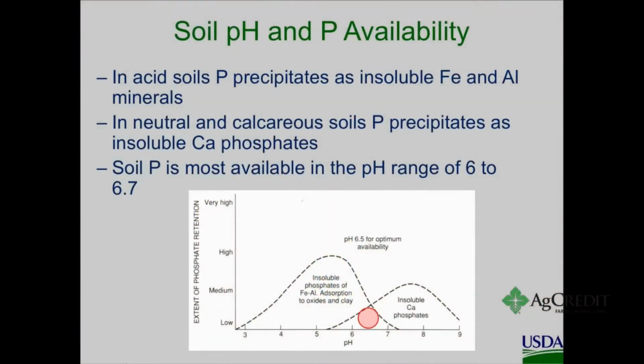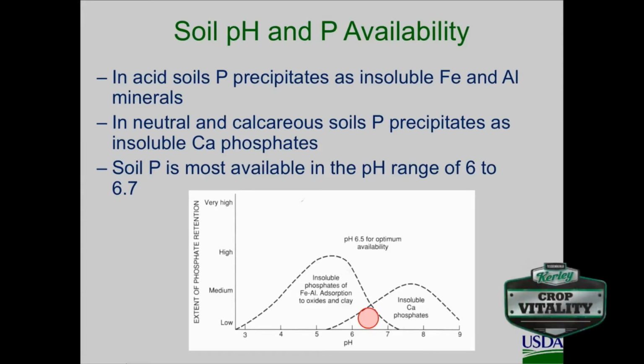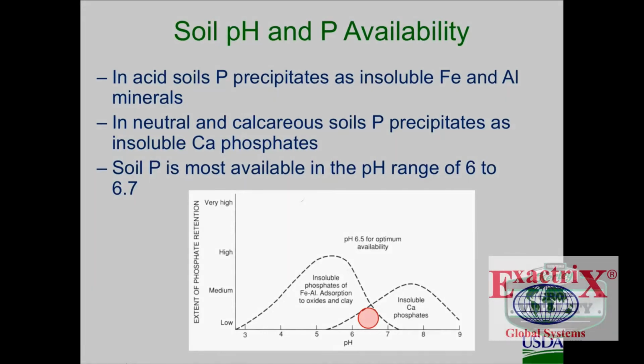Soil pH, right? We don't want our soils to be too acid or too alkaline. In acid soils, our phosphorus gets bound up. You can have a nice high amount of phosphorus in the soil, but it's not necessarily available. In acid soils, what happens? It precipitates out as aluminum and iron phosphates, and adsorbs onto the surface of aluminum hydroxide and iron minerals, making it unavailable.